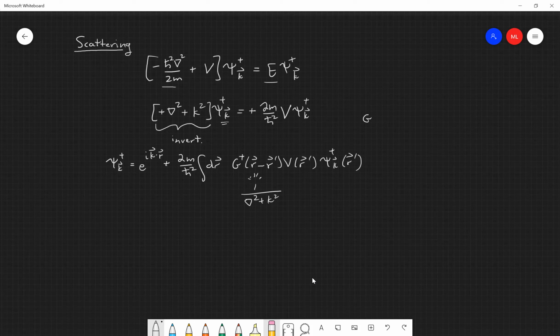So we saw that one of the solutions that corresponds to scattering for this inverse operator, the one that has to be used here, is minus 1 over 4 pi e to the i k magnitude of r minus r prime over r minus r prime, like that.